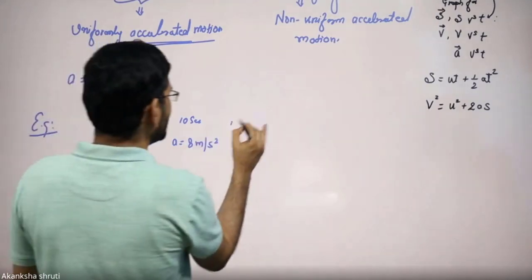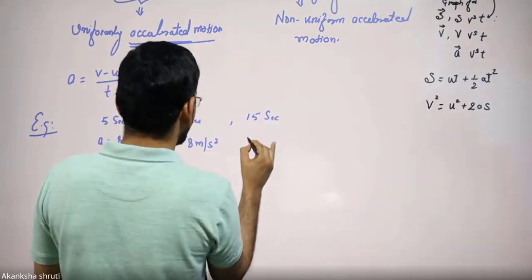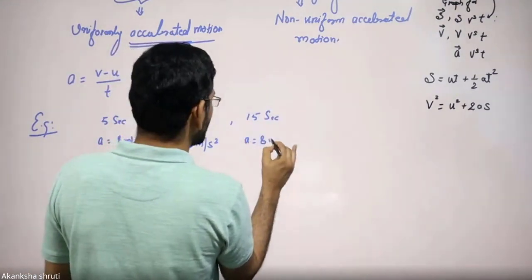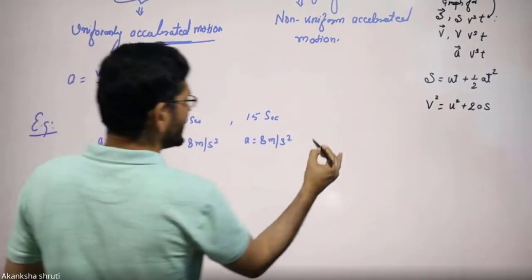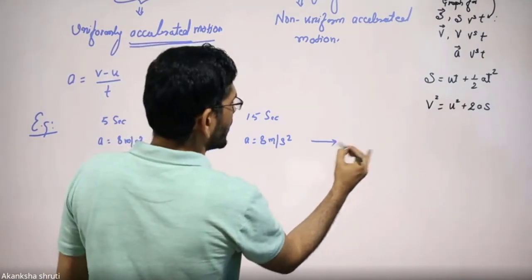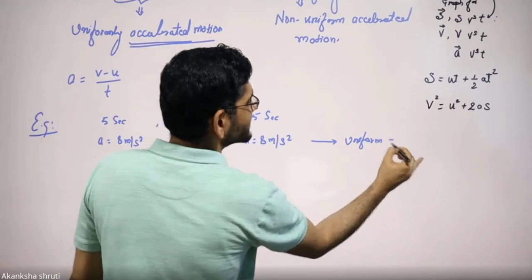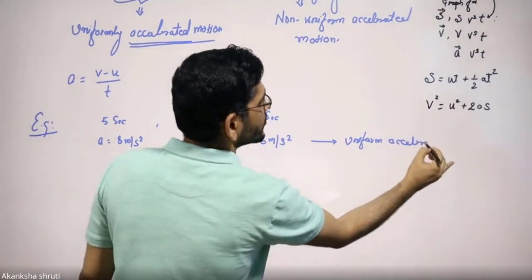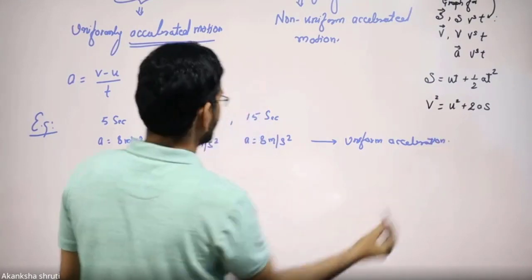At the 15th second I have observed the acceleration to be 8 meter per second square. It means the acceleration is fixed at all times. It is called uniform acceleration or uniformly accelerated motion.